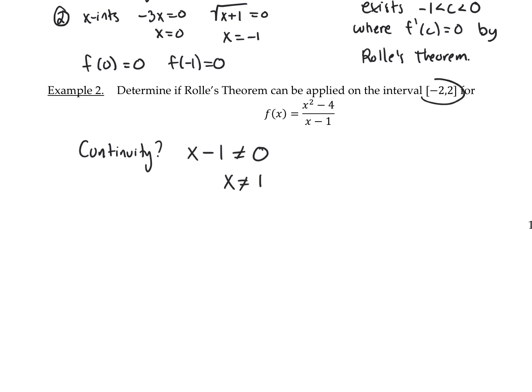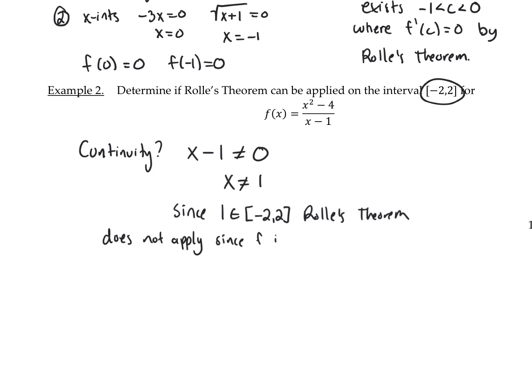Since 1 is an element of -2 to 2, Rolle's theorem does not apply, since f is not continuous on the stated interval. So those ones are easy. You just go, nope, can't do it. Rolle's theorem does not apply.